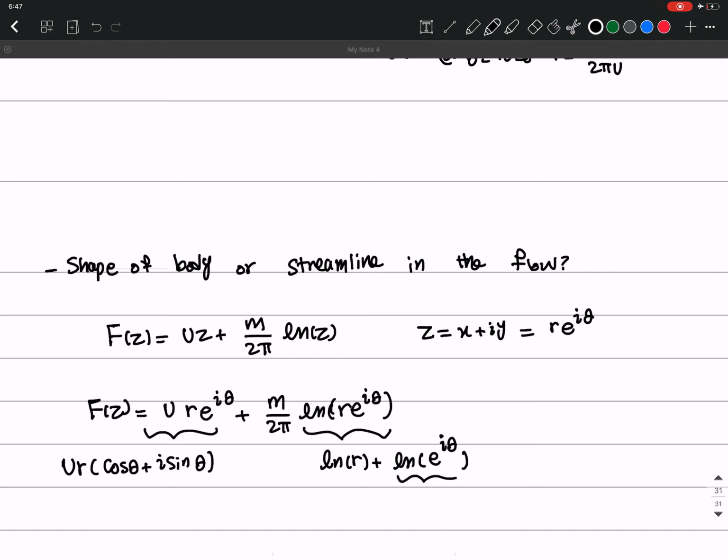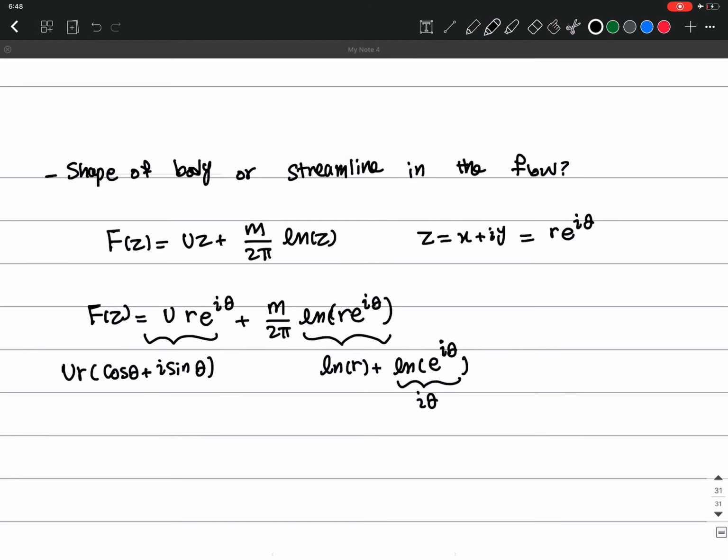Okay, so based on this, f(z) is u r cosine theta plus m ln r over 2 pi, plus i, the imaginary part of that, and I forgot r here, u r sine theta plus m theta over 2 pi.